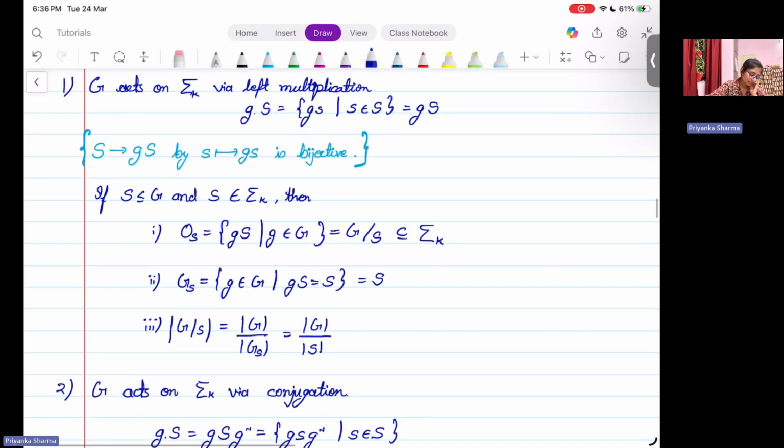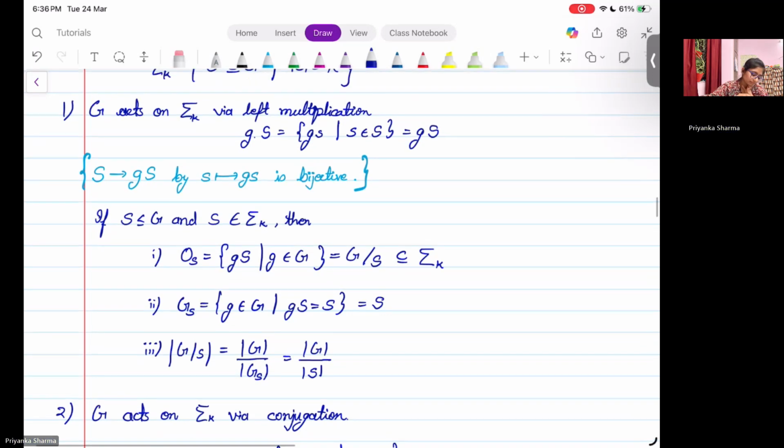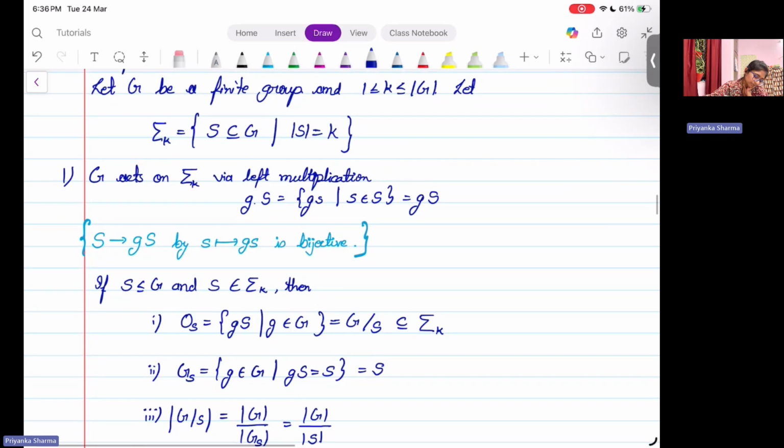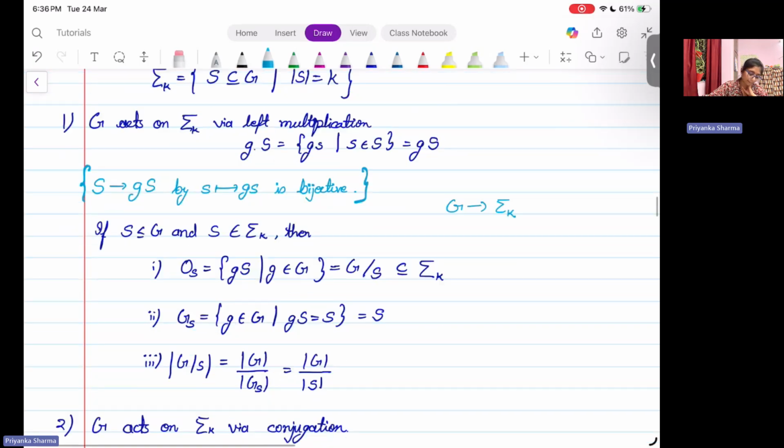As this is a bijection, what will be the orbit, and what will be the stabilizer for this group action? Let's see. Actually, G is acting on sigma k.